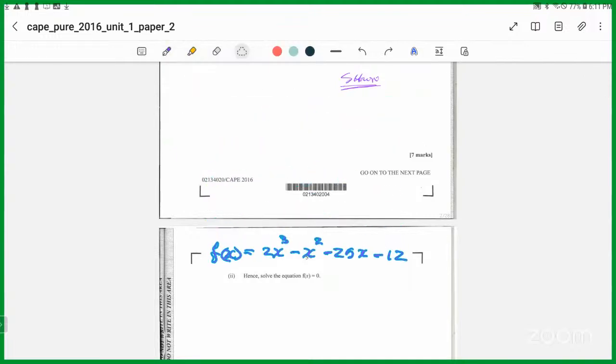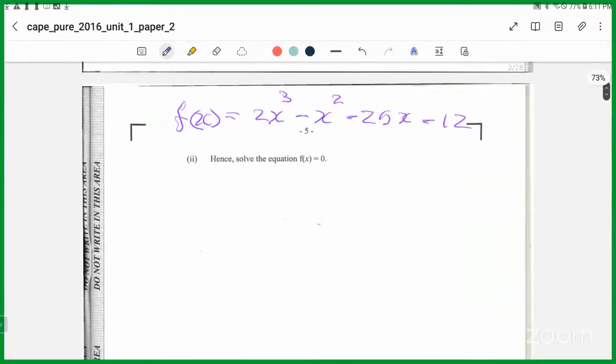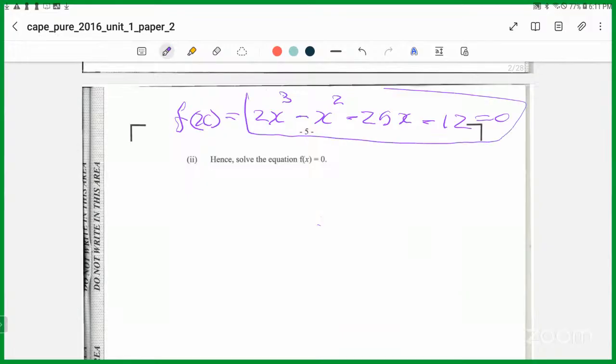We're putting it equal to 0 now and solving it. We're going to factorize it, so we're going to divide by the factor x plus 3.